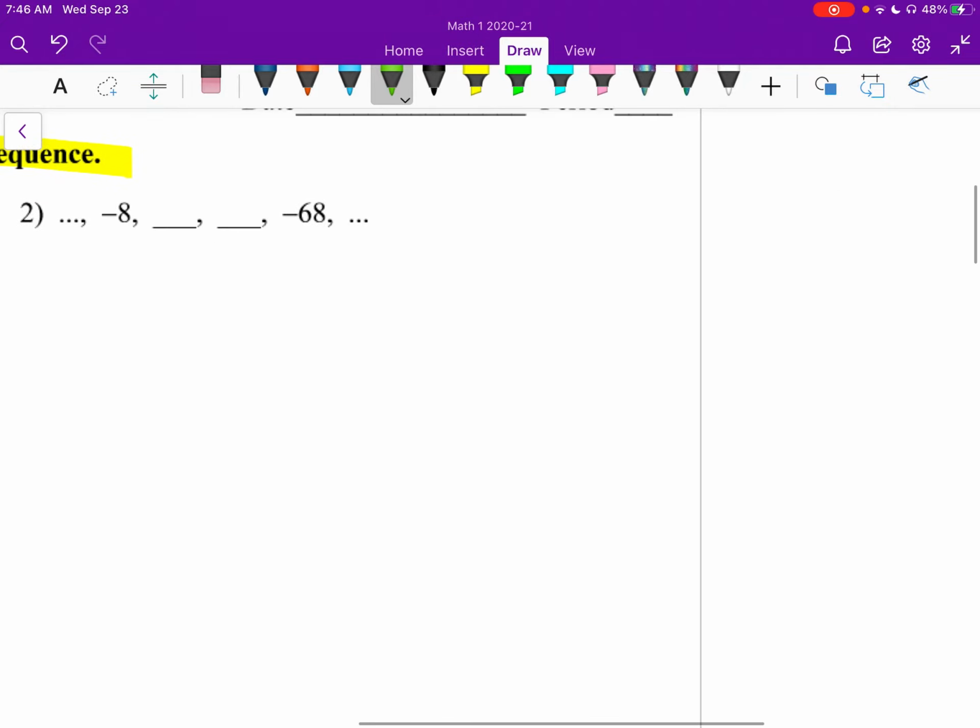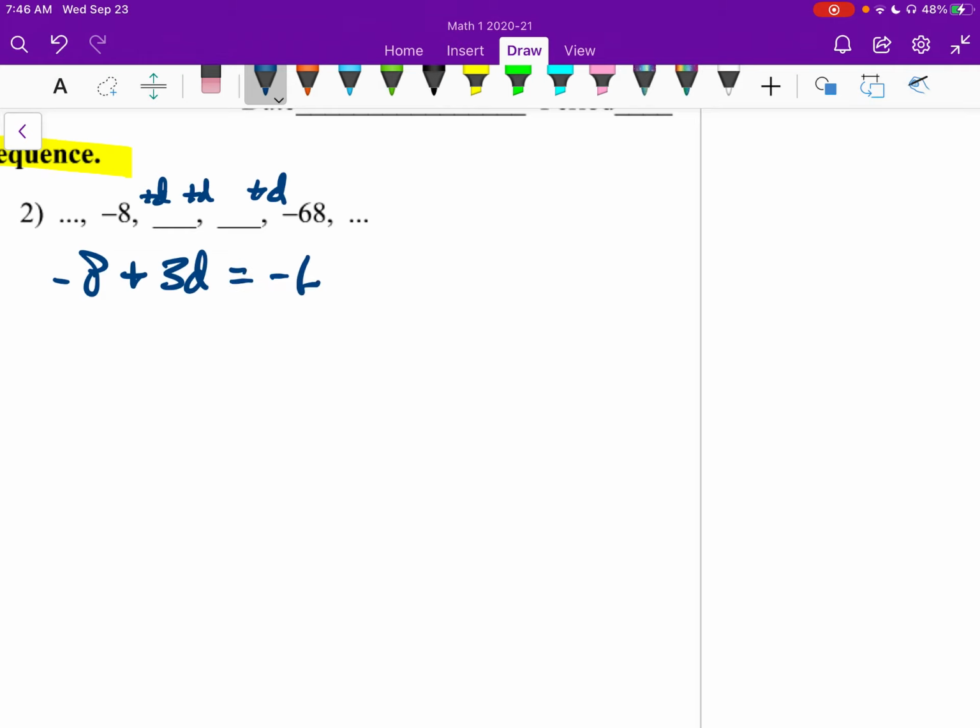So let's look at number 2. Here we're going to add D here, add there, and add it there. So you have 3. So we're going to have negative 8 plus 3D is negative 68. So 3D is negative 60, and D is negative 20.